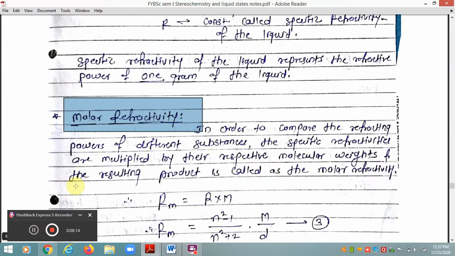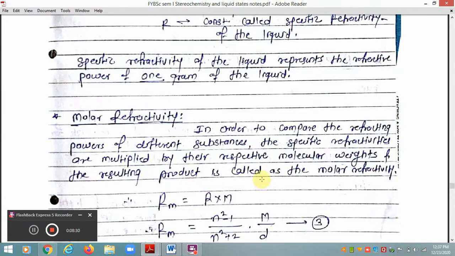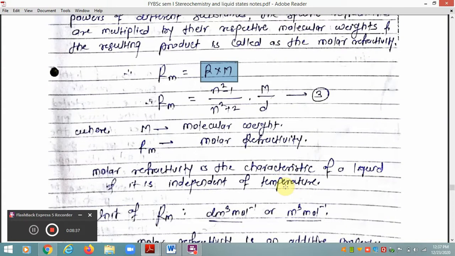In order to compare the refractive powers of different substances, the specific refractivities are multiplied by their respective molecular weights, and the resulting product is called the molar refractivity. Whenever specific refractivity is multiplied by the molecular mass of the given substance, it is called molar refractivity.